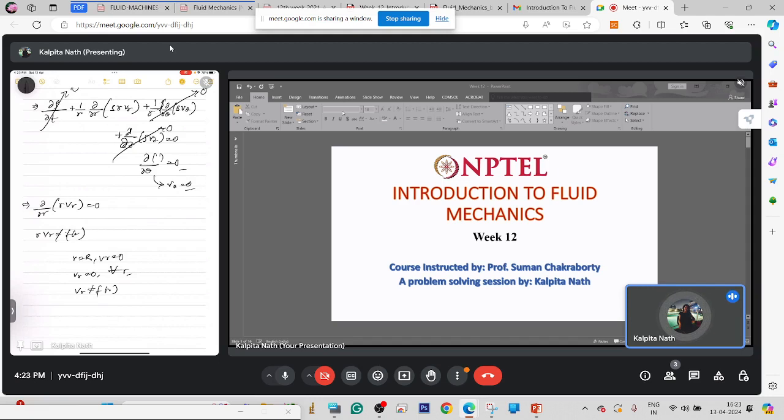Now for this problem, we consider there is no swirl. No swirl means v theta is 0.